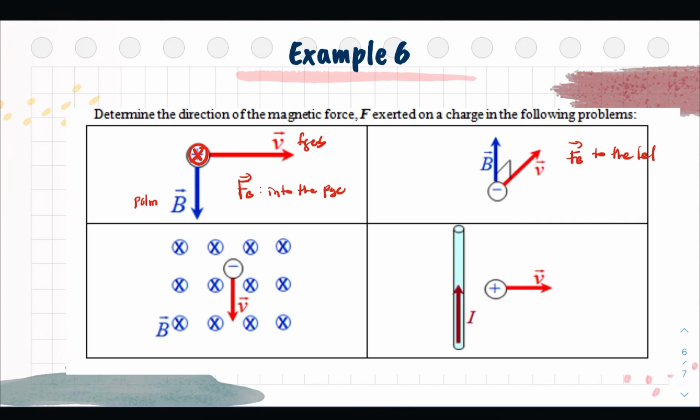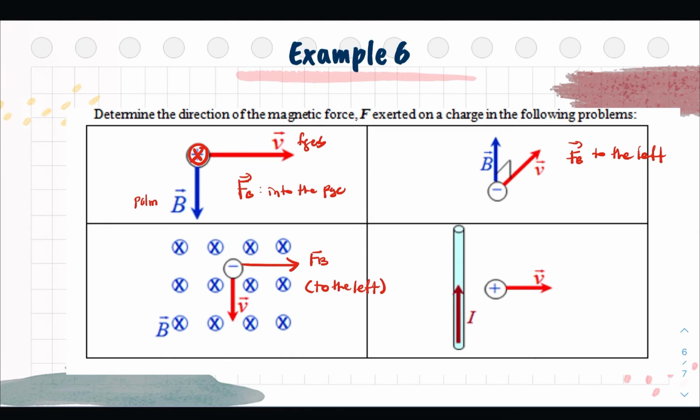to the left. Okay, and for this one, palm saya into the page, velocity saya ke bawah. So saya akan dapat direction of force saya ke sini, to the left.